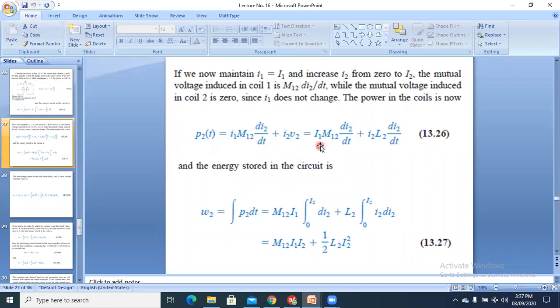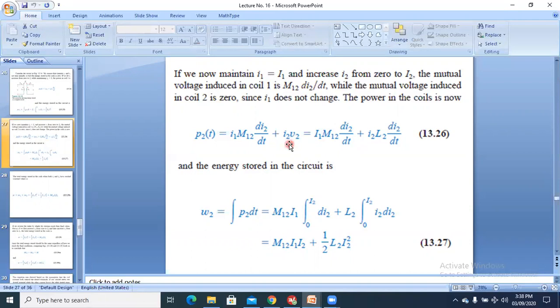We can assume that the value of this I1 is constant now and fixed, so we have I1 M12 dI2 by dt. This is the power calculated because of this mutual inductance in the coil due to coil 1.